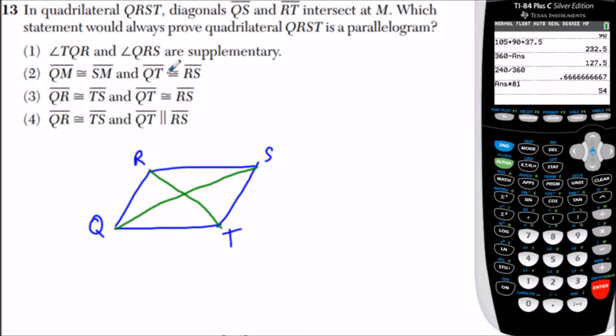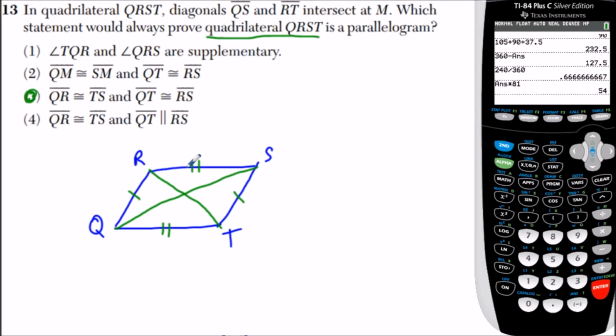We have QR is congruent to TS, and we have QT is congruent to RS. We're saying which statement would always prove that this quadrilateral QRST is a parallelogram. So when you're trying to prove a quadrilateral is a parallelogram, this in words is saying that both pairs of opposite sides are congruent. So this is the one.